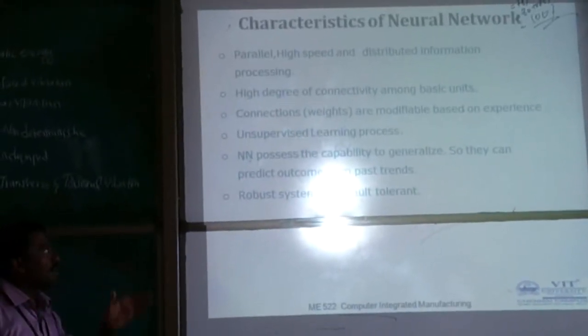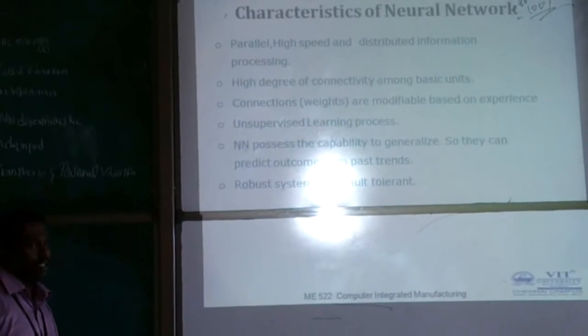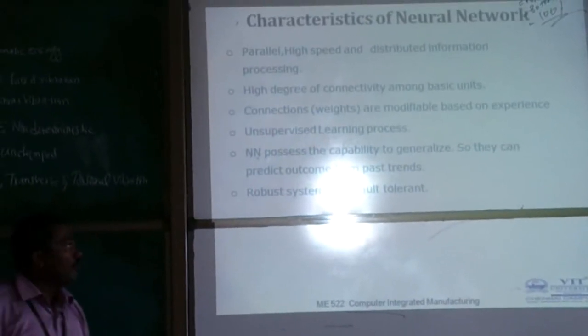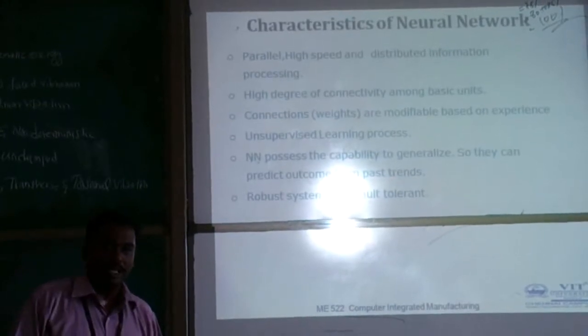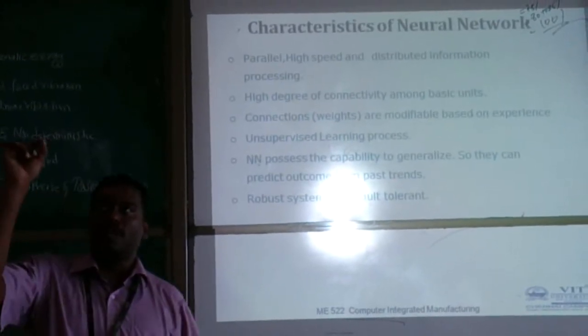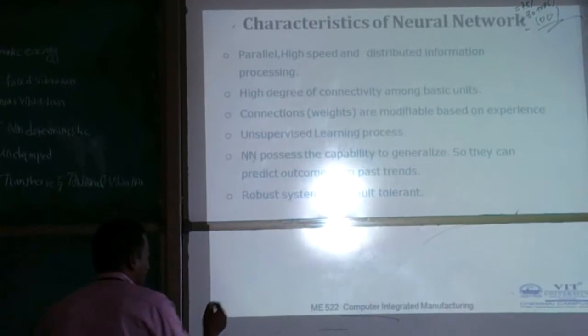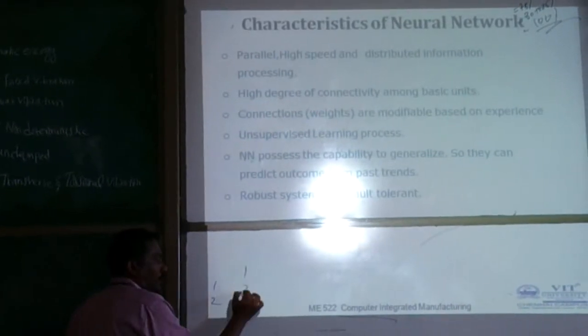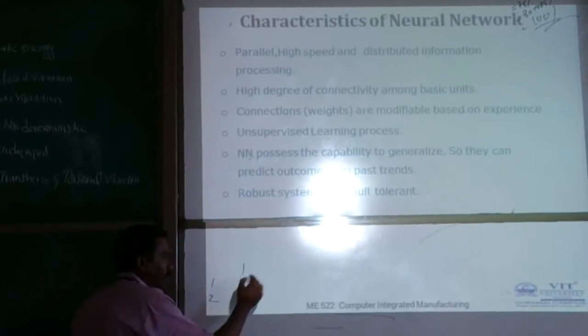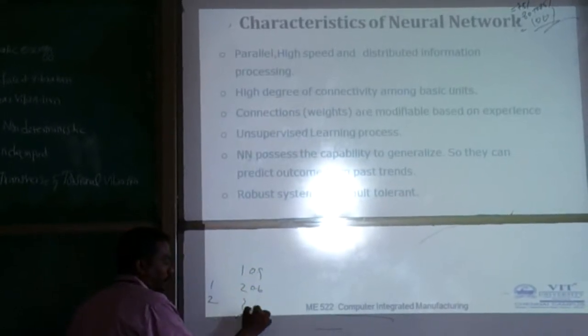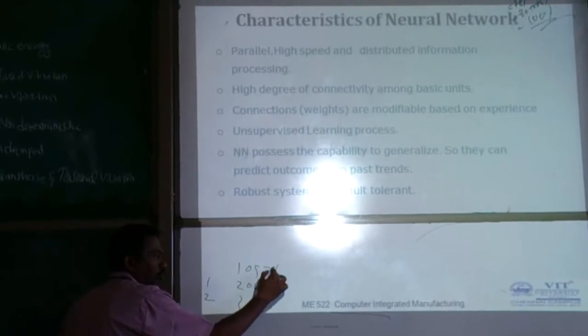Next is connectivity among the basic units, and weights are modifiable based on experience. For example, suppose I am getting outputs of 0.9, 0.6, 0.5, but here the output should be 1.